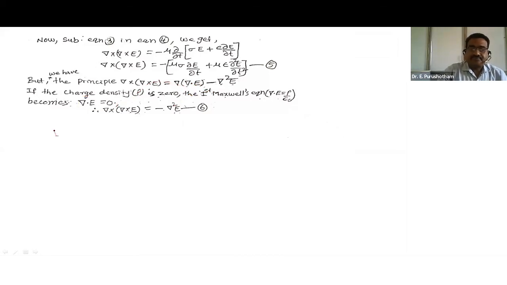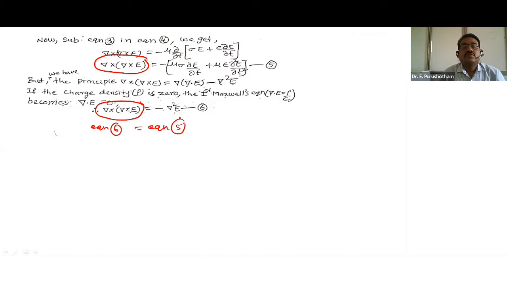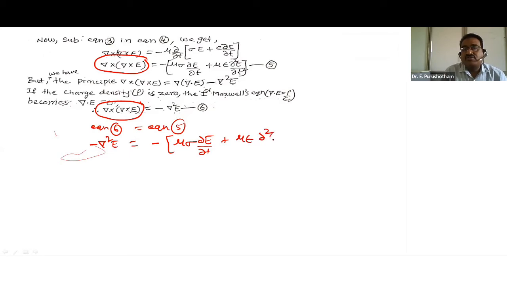Next, the left side of equation 5 is curl of E, and in equation 6 also curl of E. So we can write equation 6 equal to equation 5: minus del square E is equal to minus of mu sigma dou E by dou T plus mu epsilon dou square E by dou T square.